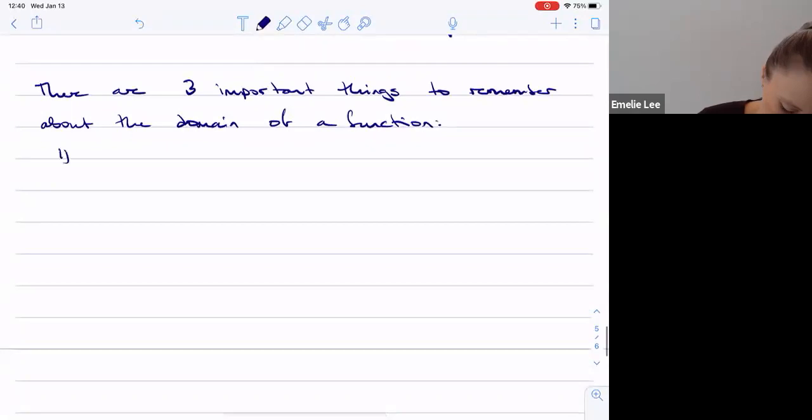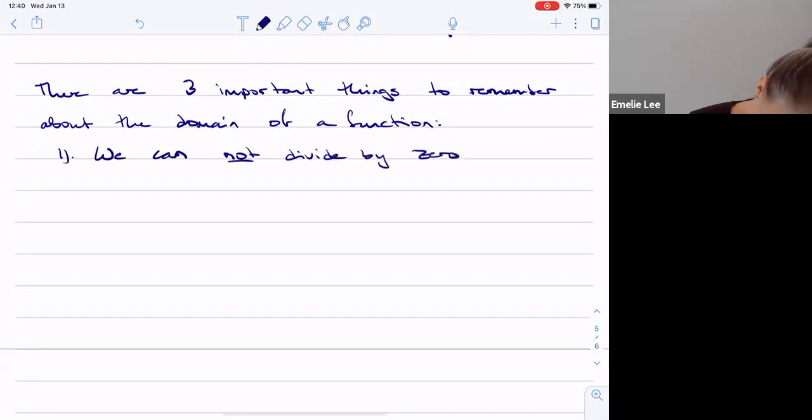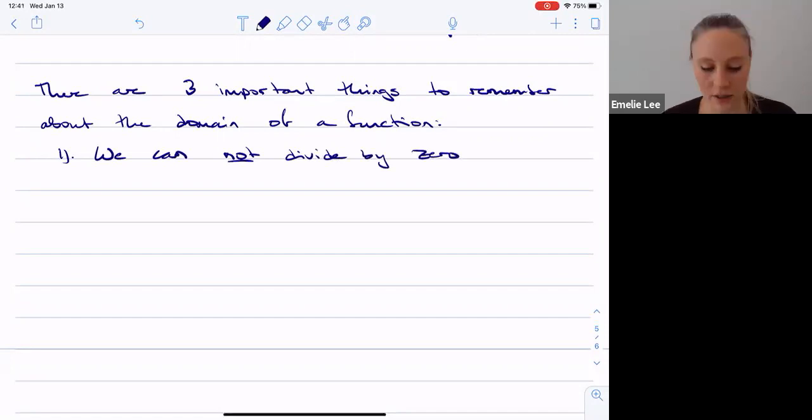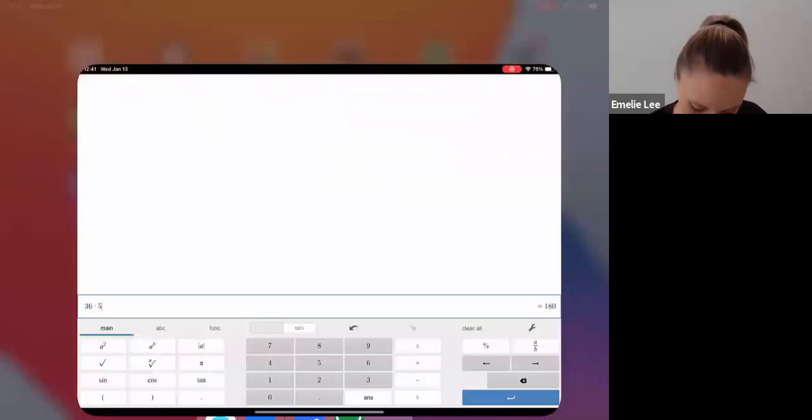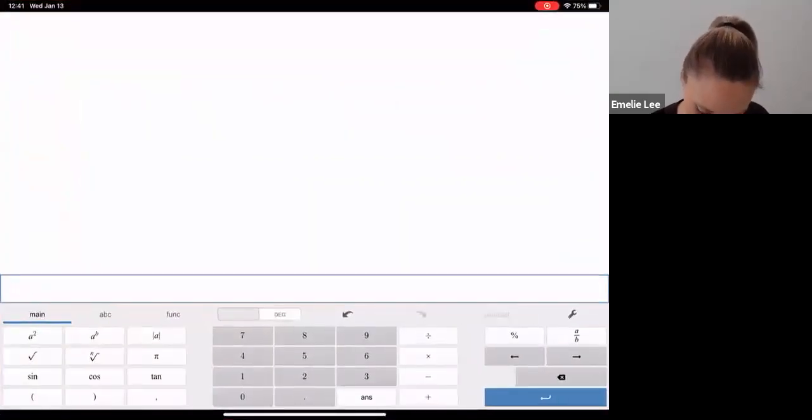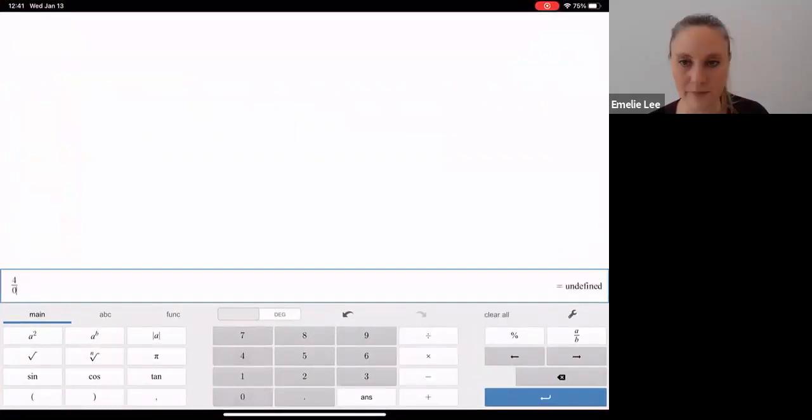Right. First one is we can't divide by 0. I'll start with that one. We cannot divide by 0. Okay. So even if you tried it on your calculator, right, if you did 4 divided by 0, it'll tell you that it's undefined, right?